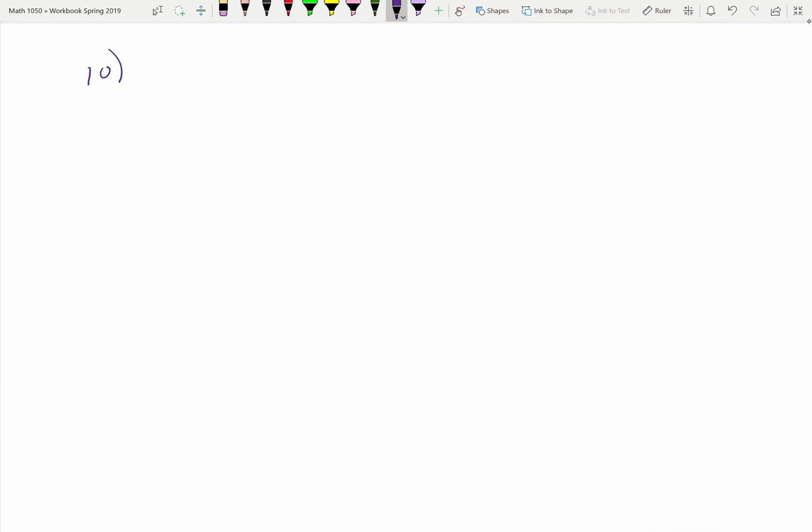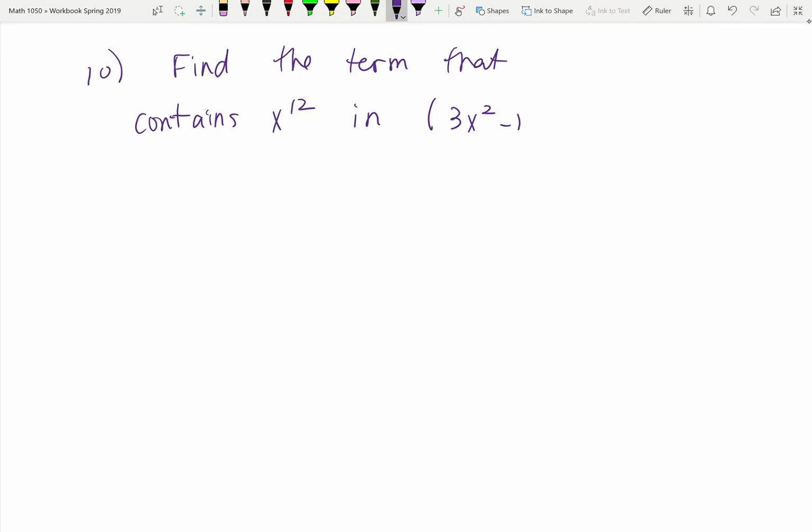Find the term that contains x to the 12th in the expansion of 3x to the 2nd minus 1 to the 13th power.